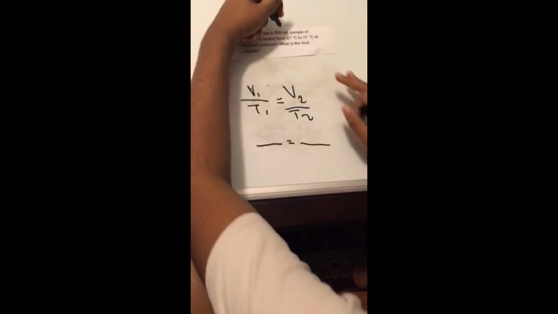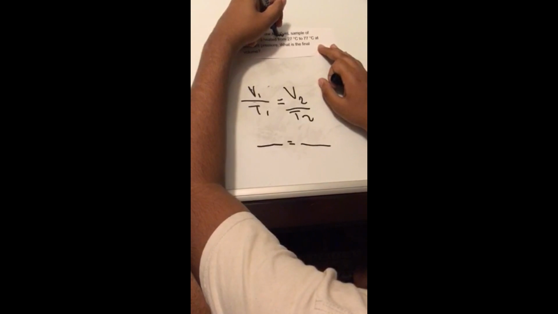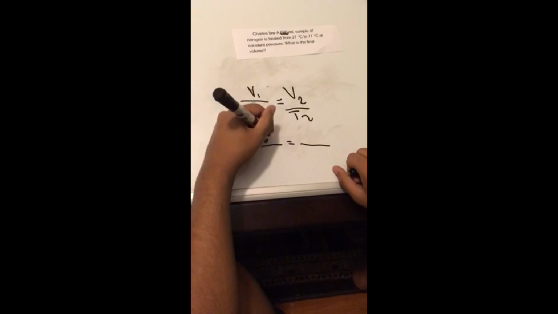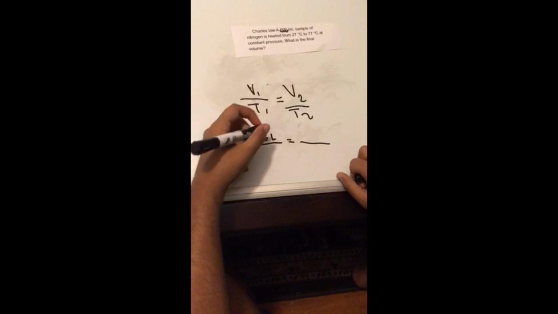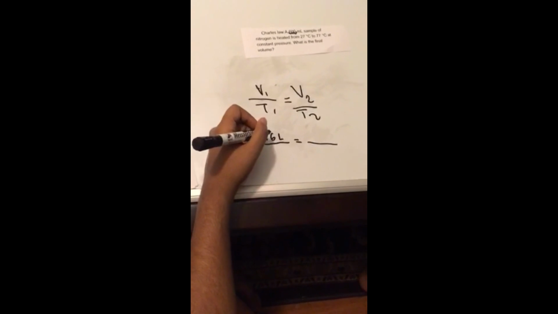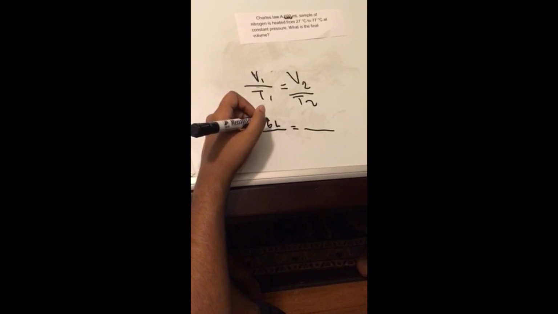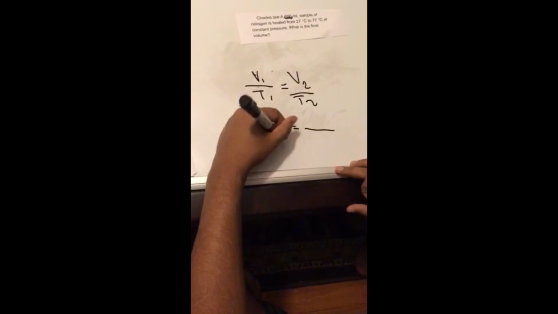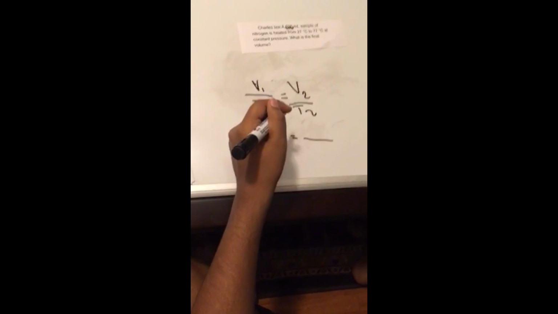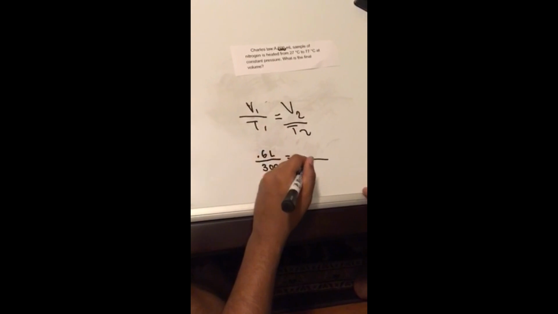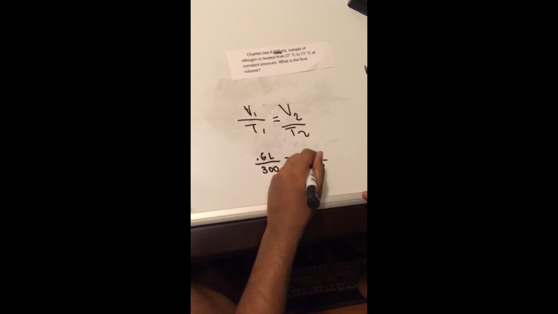We need to go to liters, which is base. So 1, 2, 3, which would be 0.6 liters. And at the bottom would be 300. And then for our second temperature would be 350. And this would be X.